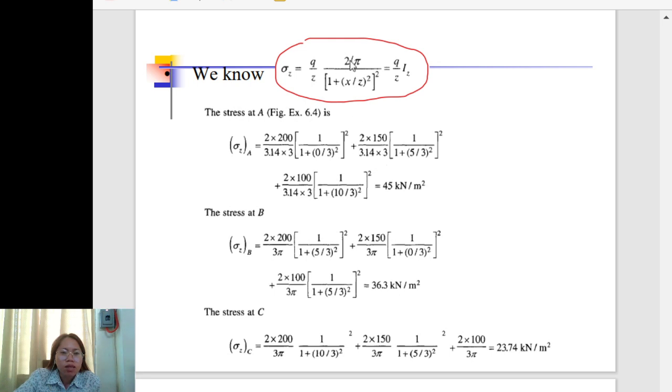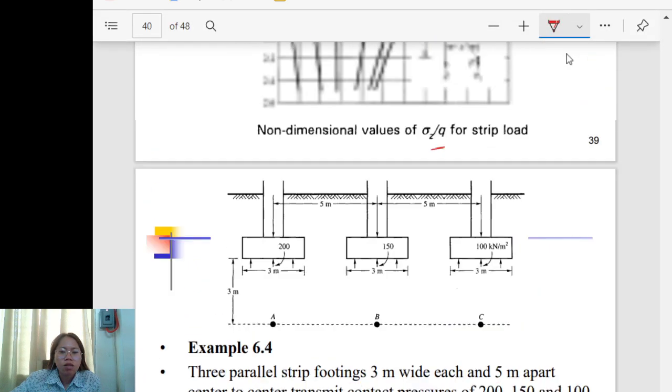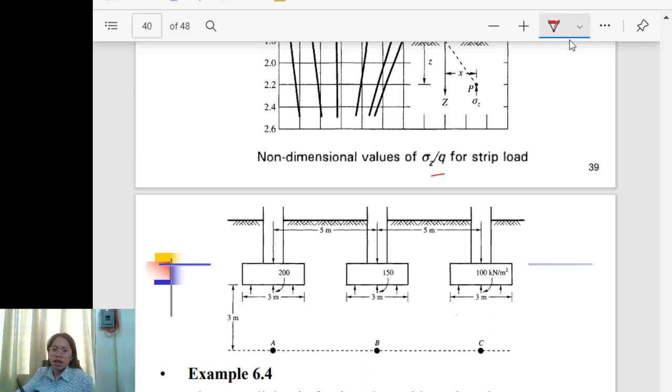There is pi here because it is 2 over pi, so we put it in the denominator, pi 3.14 times 3, the depth, times 1 over 1 plus 5, because second footing, the effect of the second footing on the first footing.